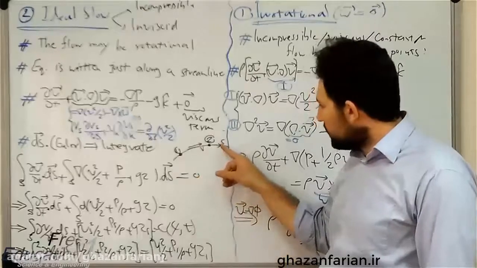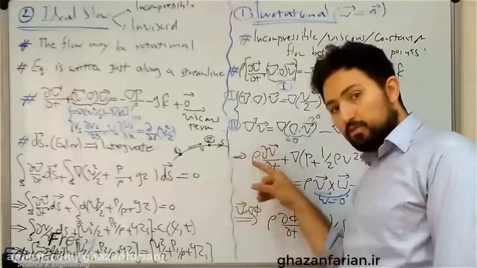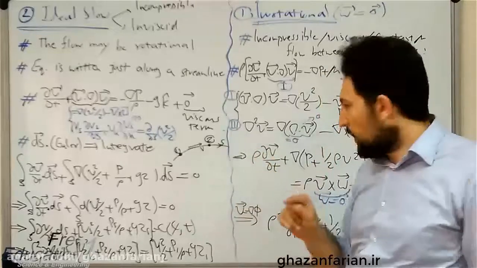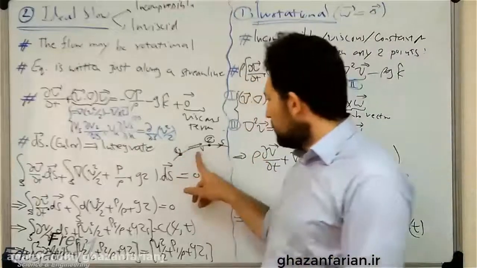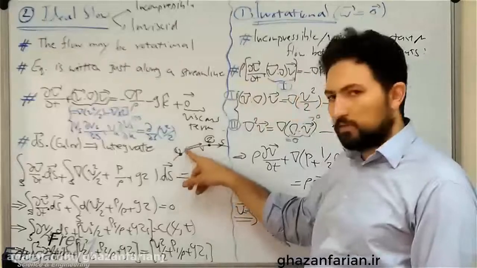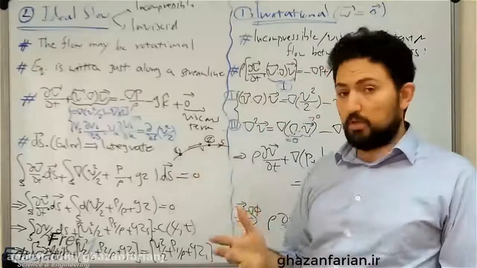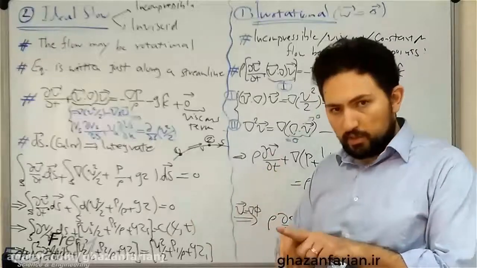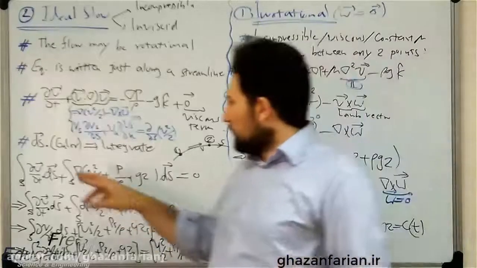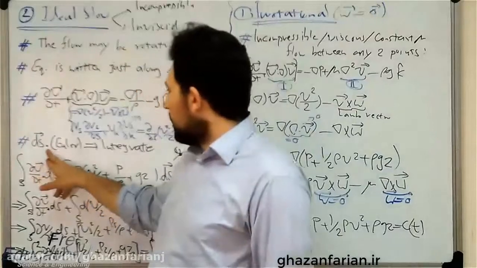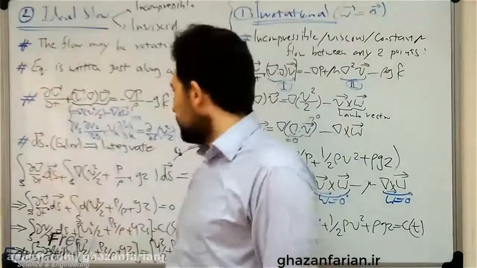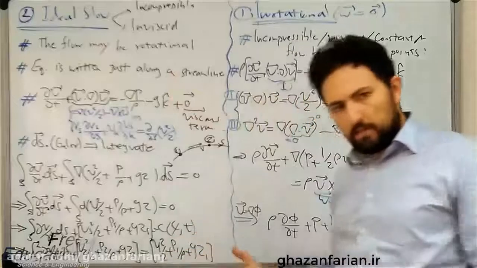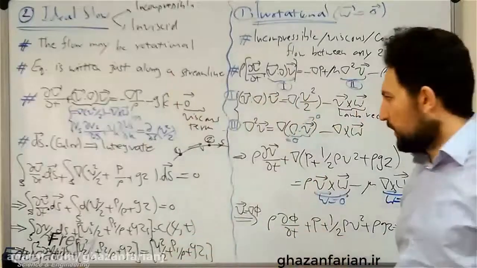The s coordinate, as you see, is defined along the streamline, tangent to it. So this is the velocity. The streamline is tangent to the velocity vector, and so the velocity vector and the s coordinate are parallel to each other. So perform the dot product of the ds vector and the Euler's equation, and then integrate the final scalar equation.